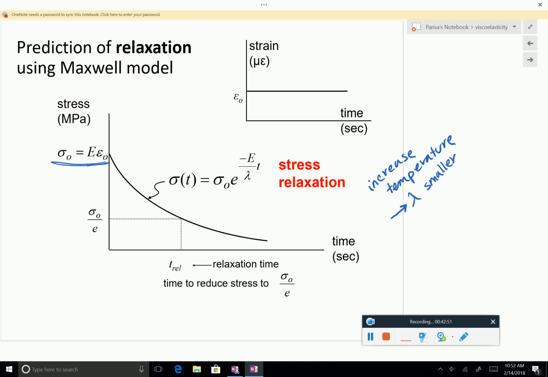If I increase the temperature to 90 degrees, what happens?